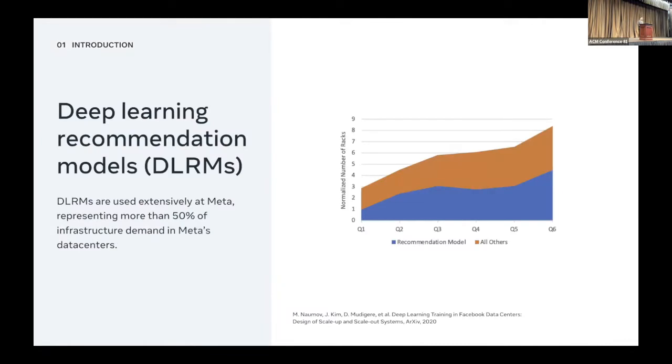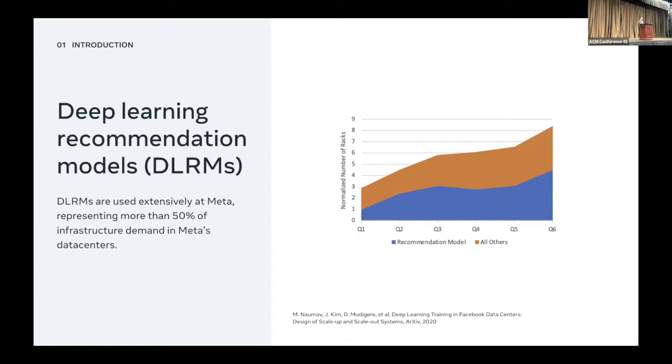This talk will be focusing on the deep learning recommendation models and specifically training because they're used extensively at Meta, and we're seeing deep learning recommendation models are driving more than 50% of the overall infrastructure demand at Meta. On the right-hand side, we're seeing a chart with the x-axis in a time frame of 18 months.